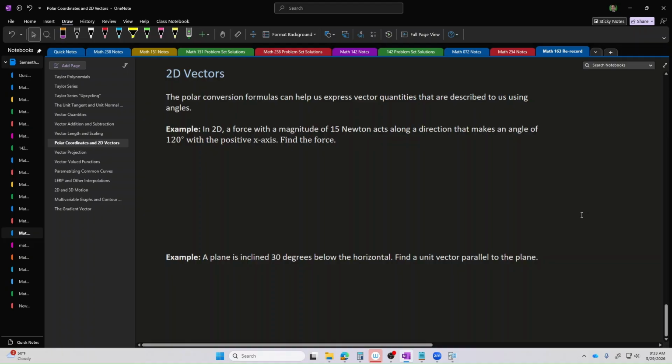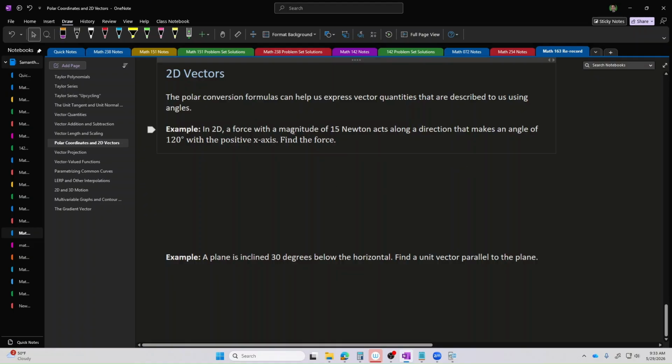Now, in certain two-dimensional settings, a two-dimensional vector might be described to you using an angle. The direction of the vector might be described using an angle. For example, here, I'm dealing with a two-dimensional force. I'm told it has a magnitude of 15 Newtons, and it acts along a direction that makes an angle of 120 degrees with the positive x-axis.